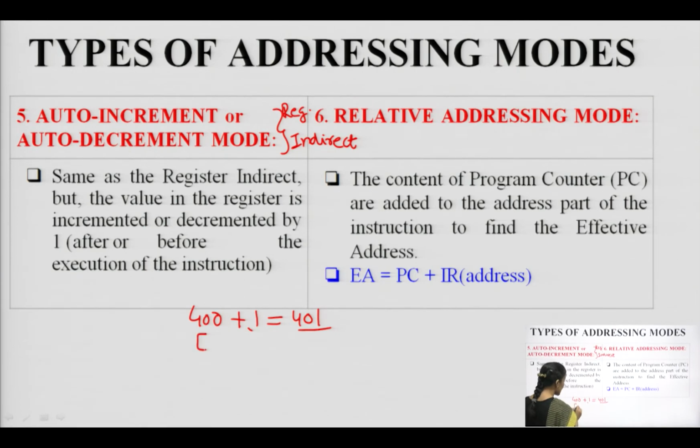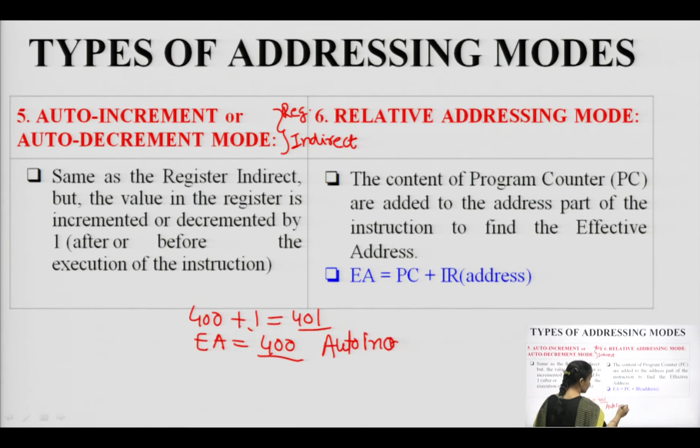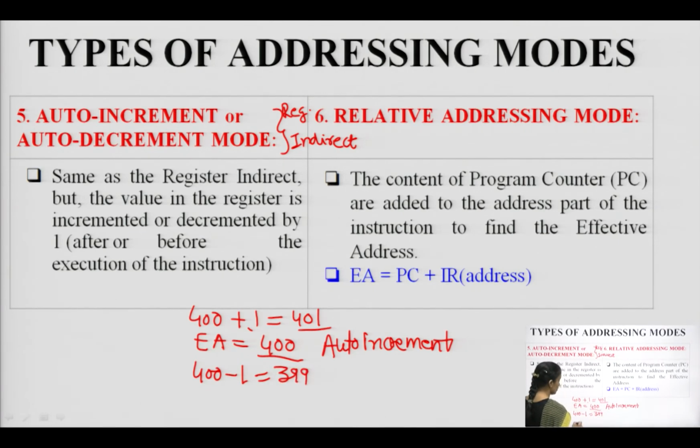So, EA will be 400 only in case of auto increment, and the value is decremented by 1 in case of auto decrement. So, my effective address will be 399 in case of auto decrement mode.